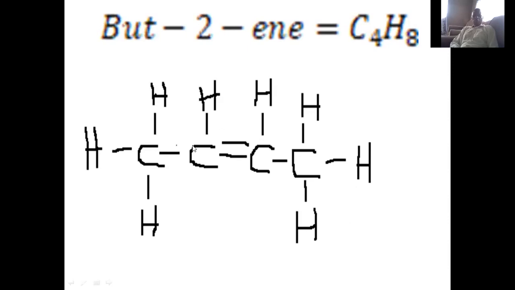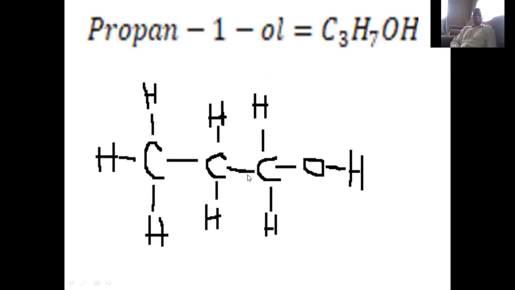So here we have moved the double bond from where it was to the second carbon atom, and therefore it is called but-2-ene.